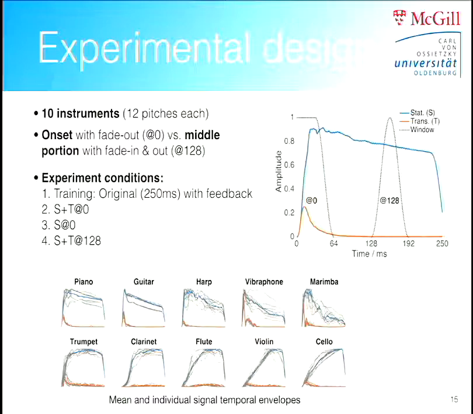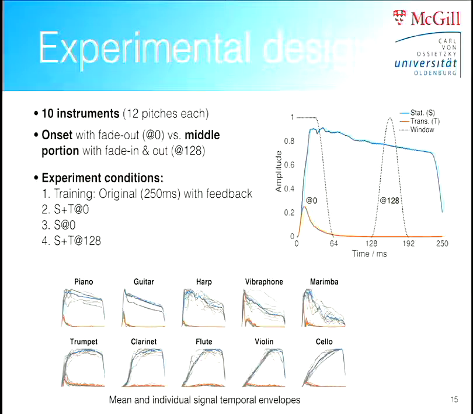Okay, and so this is an experiment we just completed. We had 10 instruments with 12 different pitches each. The idea of the experiment is to compare an onset portion of a tone, which is called 0 because it starts at 0, with a middle portion, called 128 because it starts at 128 milliseconds.